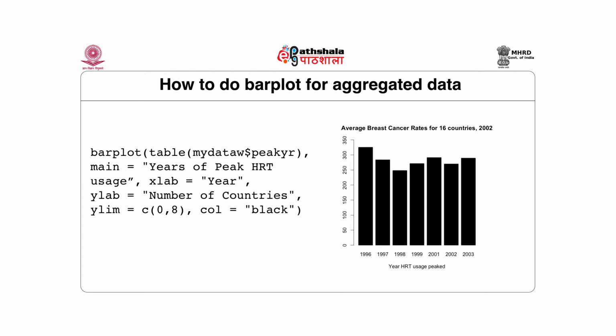It turns out that yes, it is quite possible to do it. It's very simple. Instead of using only counts of the countries, this time we have selected the average breast cancer rate for the 16 countries. And here you can see that that can be put in the format of a bar plot.